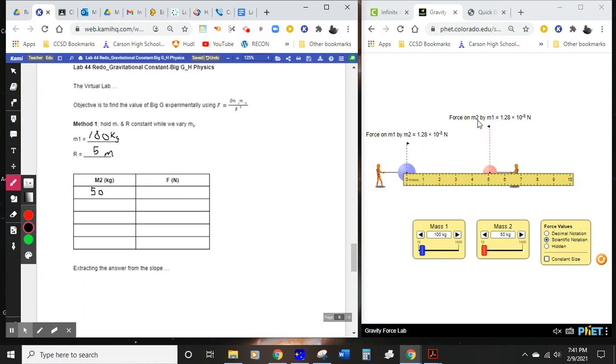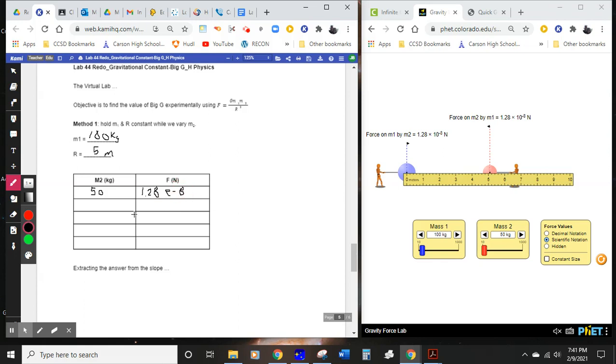Look closely, they have the same magnitude but opposite direction. It's 1.28 E negative 8. So we'll write 1.28 E negative 8 here.